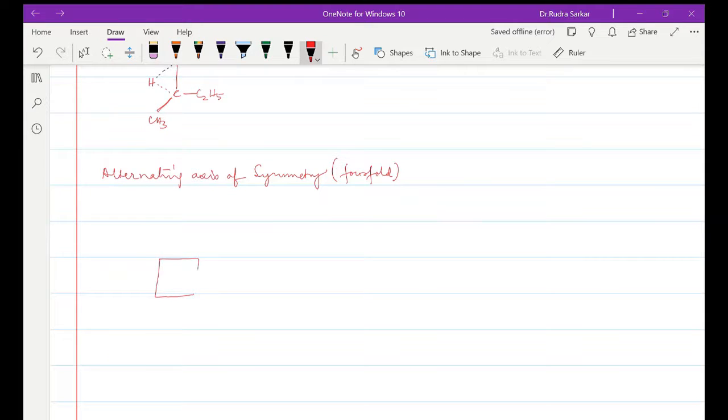Again, one can say this is a derivatized cyclobutane ring. So we have a C, there's a H, so this is C2H5, this is the CH3, okay, let me make this a little more tilted so that we can have some clarity.